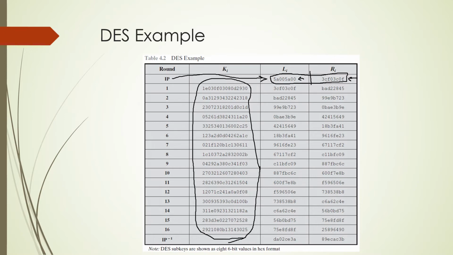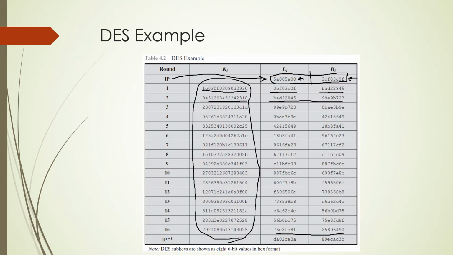So we have subkeys K1 all the way to K16, and with the help of K1 and L0 and R0, we create L1 and R1, which are the outcome of round 1, and because the outcome of round 1 becomes input of round 2, with the help of those and the K2, we can create L2 and R2, and so on, all the way to the end of round 16.